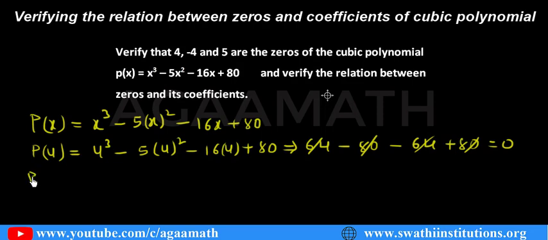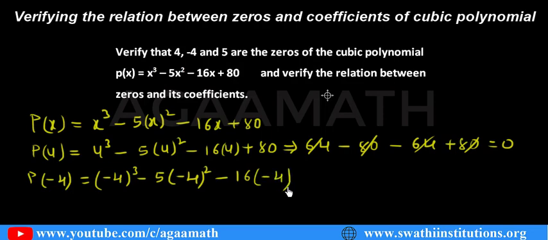So p of minus 4 equals minus 4 whole cube minus 5 of minus 4 whole square minus 16 of minus 4 plus 80.